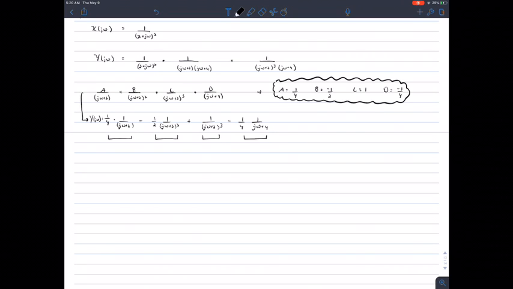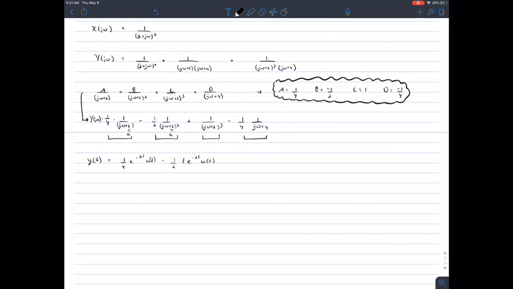Okay, so y of t, and when you look at this first one, it's going to be 1/4 times e to the negative 2t u of t, because this part's A, okay, u of t, minus 1/2. So this one's going to be t e to the negative 2t u of t.